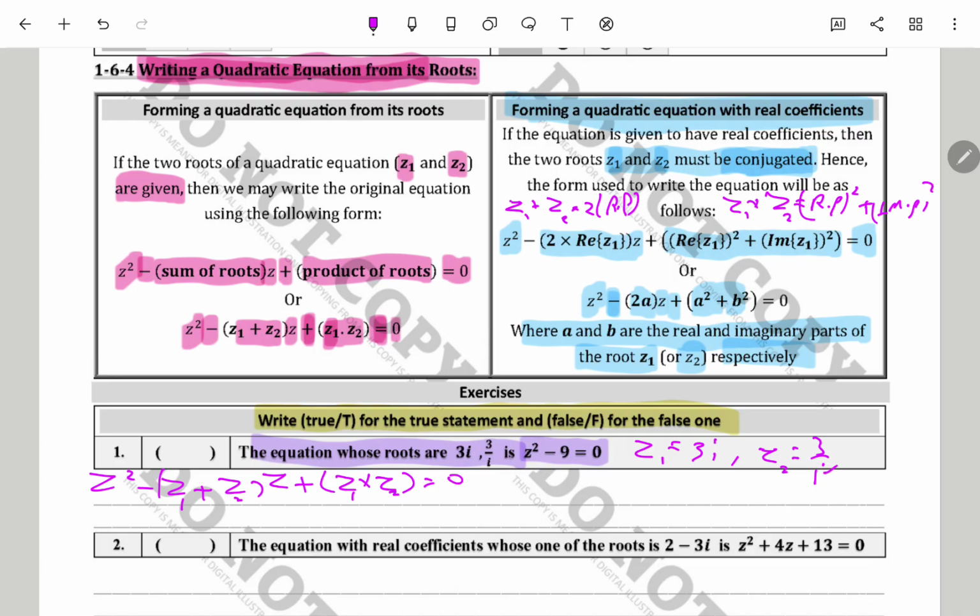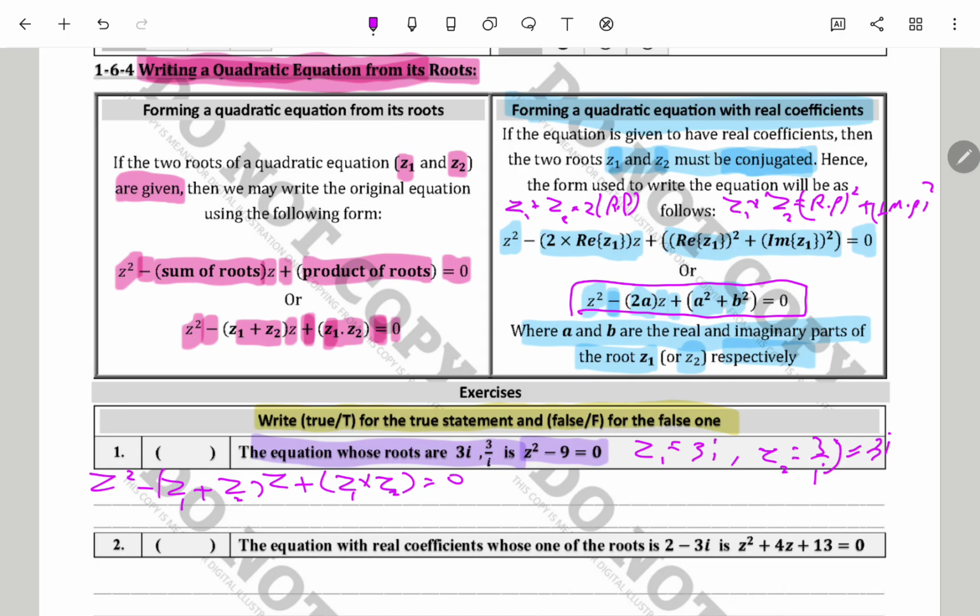After moving this i from down to up, you can change it to be negative 3i. They are pure imaginary and conjugates. So you can deal with the second rule if you would like to, which is z squared minus 2az plus a squared plus b squared. And a will be 0, but b will be 3.